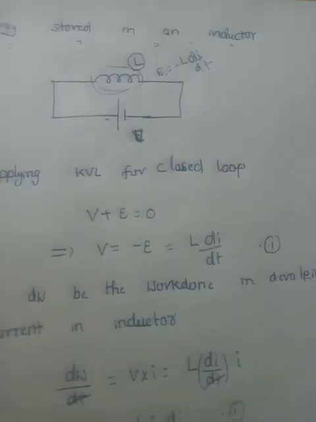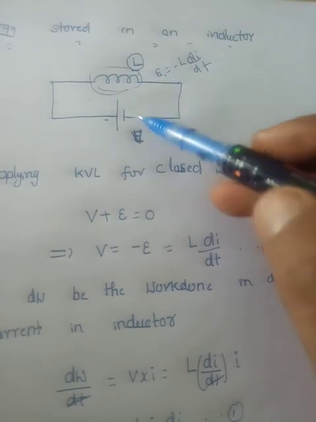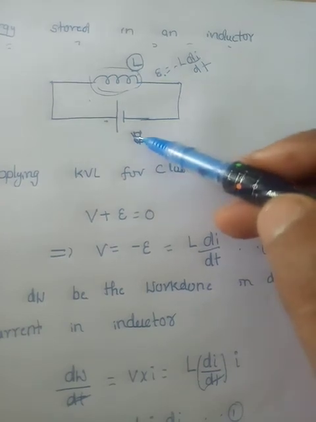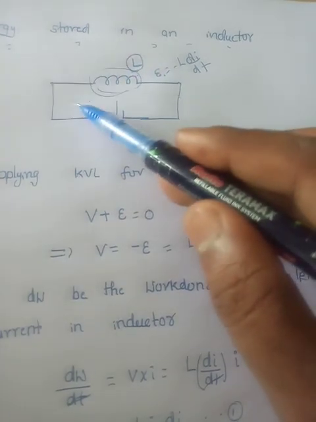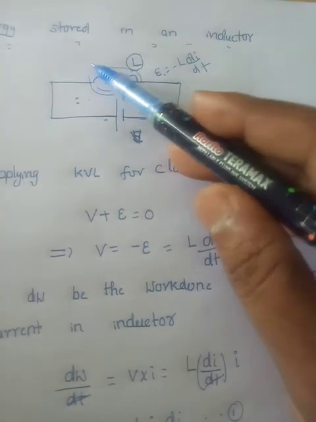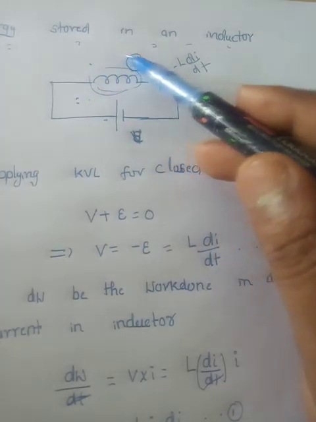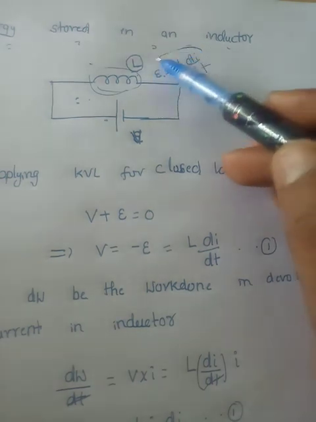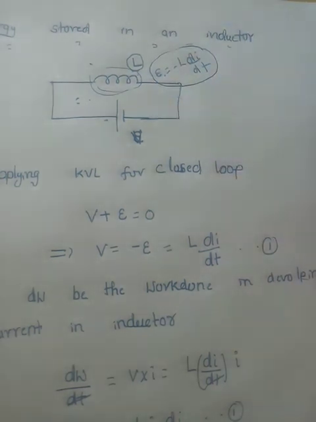So if you connect an inductor to a battery of potential V, when the switch is on, the current starts to increase. When the current changes, it induces a change of magnetic flux, which in turn induces EMF, that is E equals minus L into di by dt.